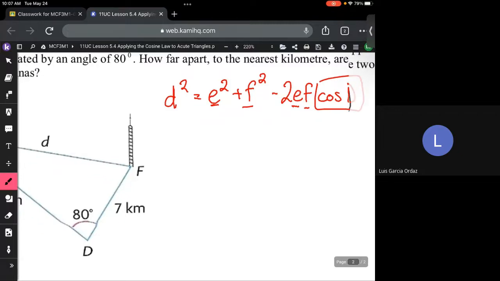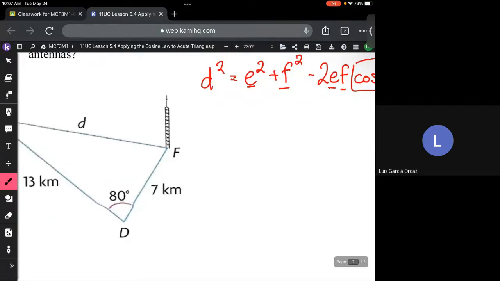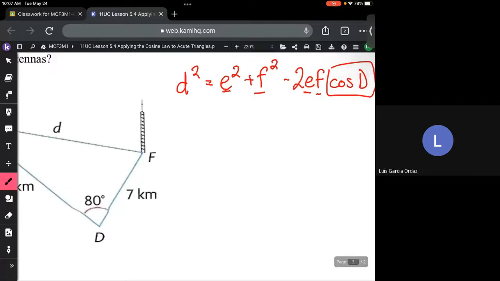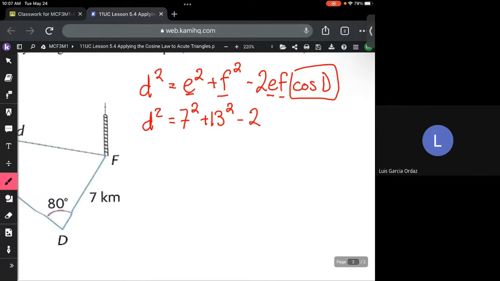So what is side E? 7. Thank you, Omar. And what's side F? 13. So 7 squared plus 13 squared minus 2 times 7 times 13 times cos D. And what's the angle of D? 80.